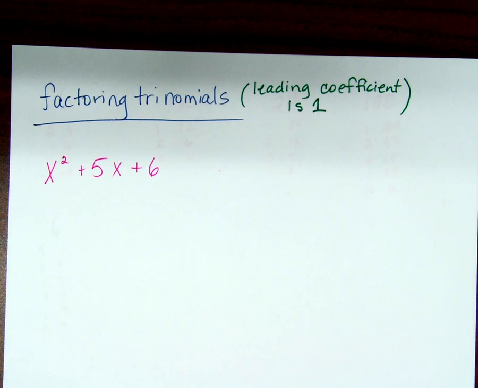All of the ones we're doing today have a leading coefficient of 1. And that's super, super, super, super important. Okay? The things that we're talking about today are not really going to work tomorrow when we're factoring other trinomials that don't have a leading coefficient of 1. Okay? Does everybody understand that? Are you sure? Okay. So all the stuff we're talking about today is true and only true if the leading coefficient is 1.